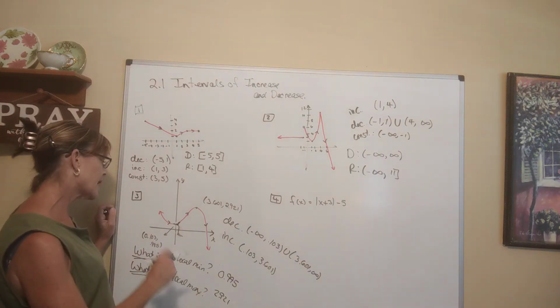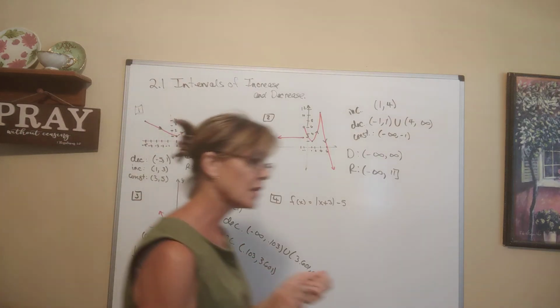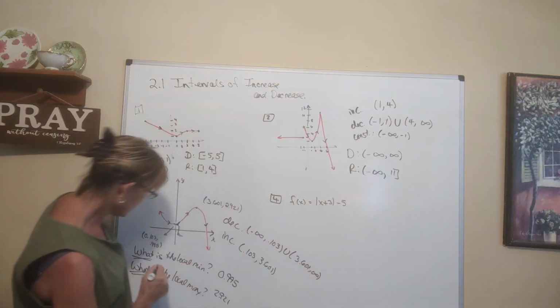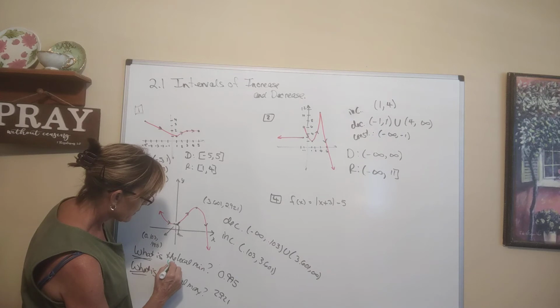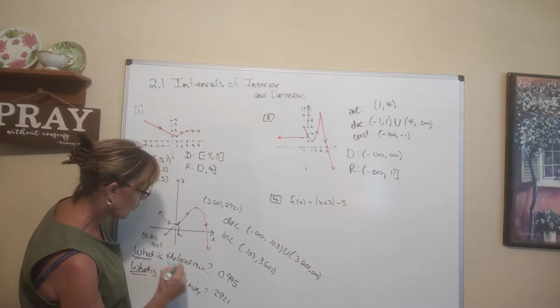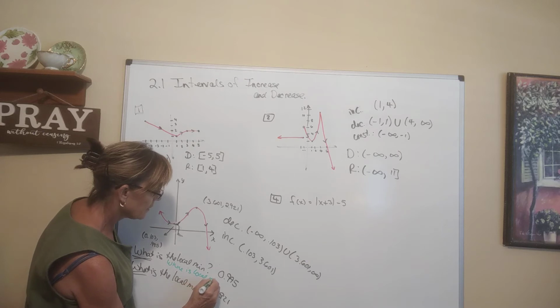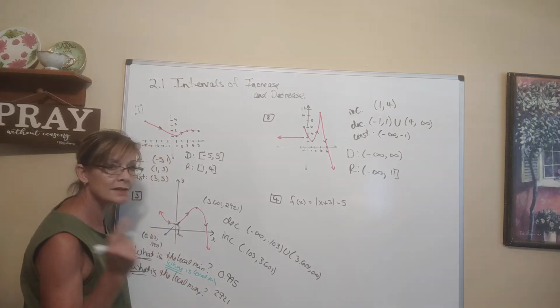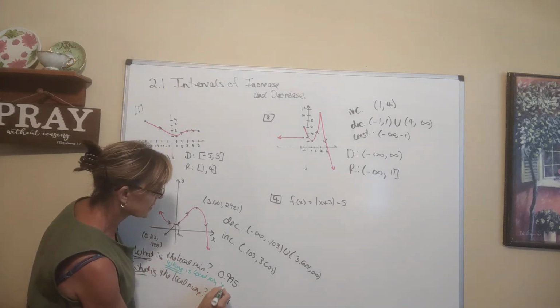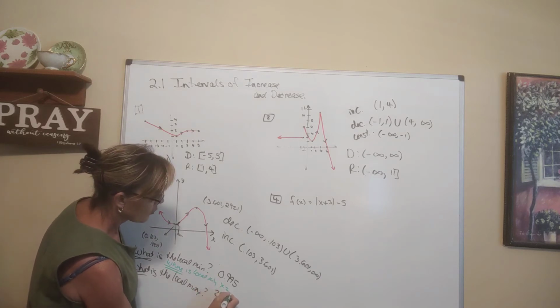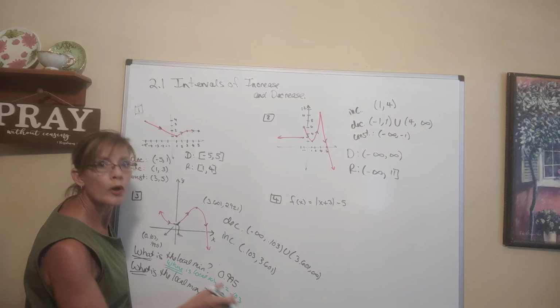So if they were to say, where does the min occur? Where is the local min? When they use "where" language, that's X language. You would say at X equals 0.103, or just 0.103.